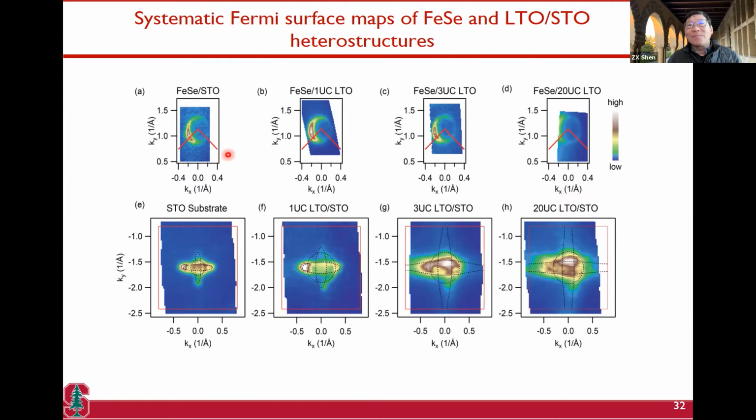On the other hand, if you put the iron selenide on top of that, you find that independent of the amount of carriers at the surface of the substrate, the Fermi surface of the iron selenide remains identical.